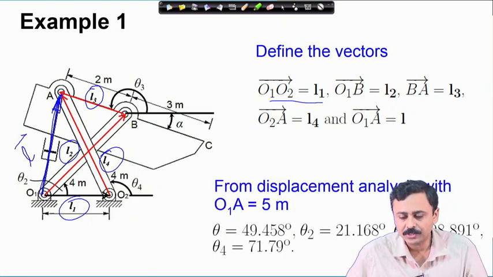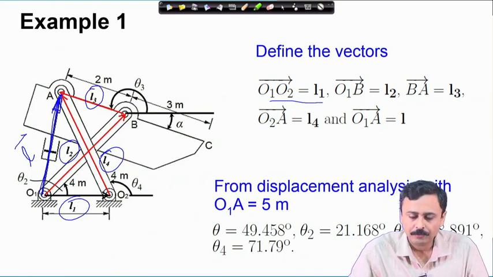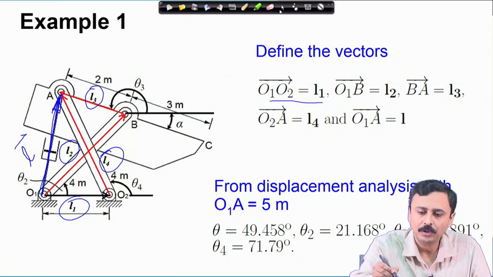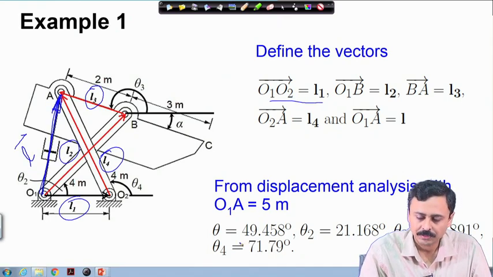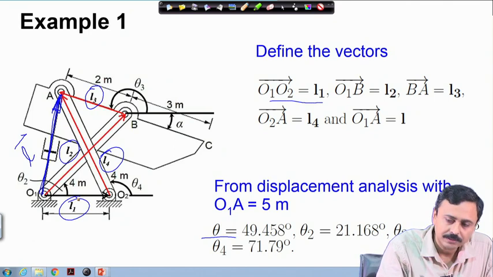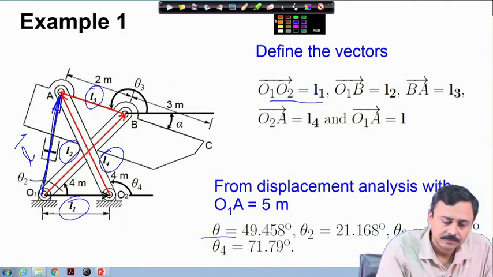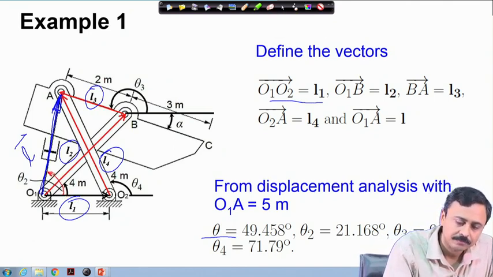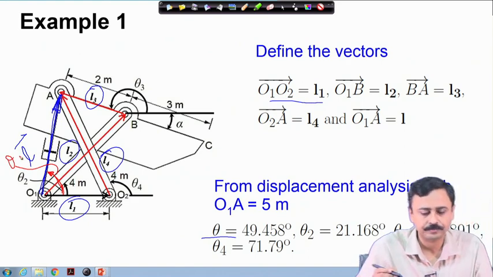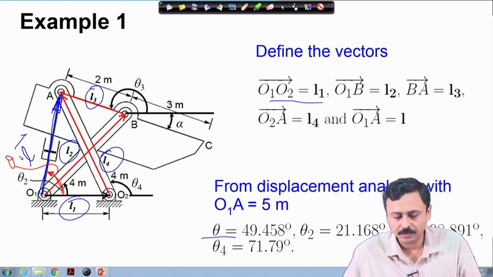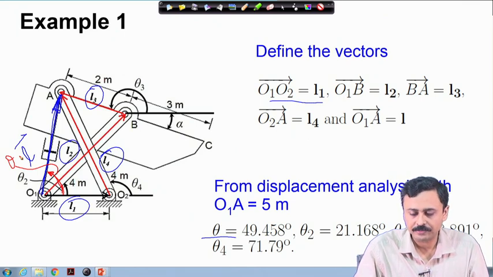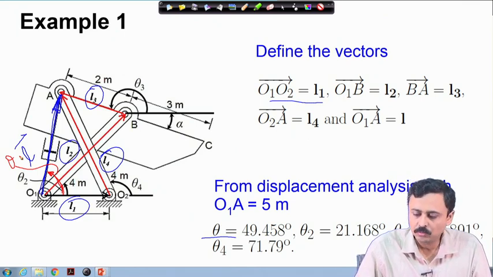From our previous discussions on displacement analysis, for this given actuator throw, we had found all these angles. Now, the angle theta is this angle, that angle is theta, that was 49.45 degree, and theta 2, theta 3, theta 4 were all determined.